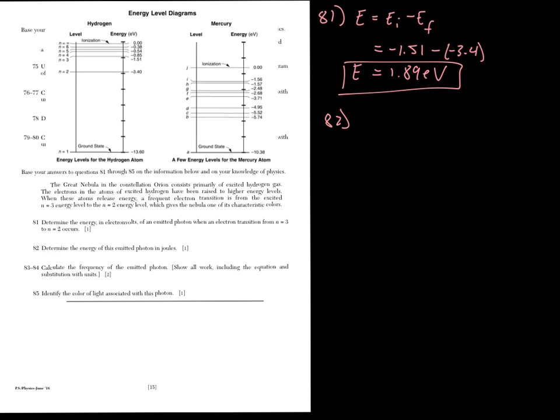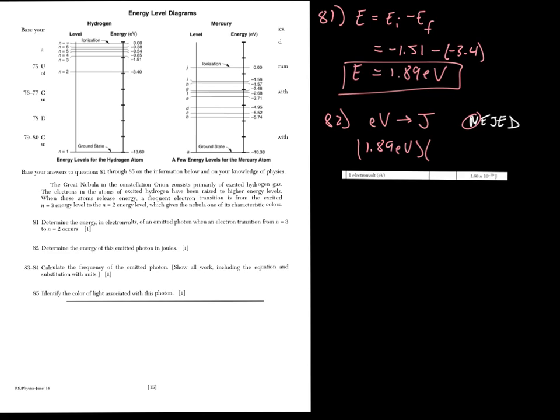82. Determine the energy of this emitted photon in joules. So we're turning electron volts to joules. If you remember my weird word, measured. So we're going from electron volts to joules, so we multiply. We multiply by what number?